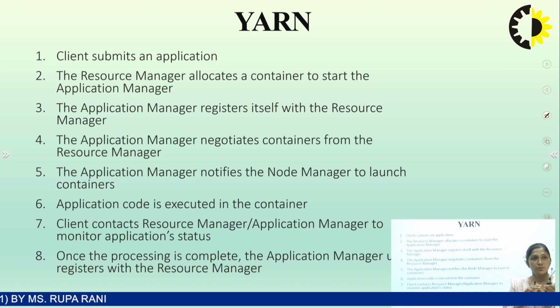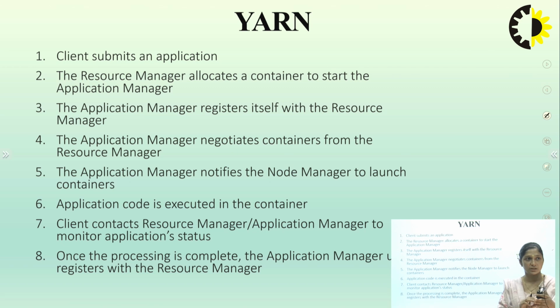Suppose if memory is not sufficient as per the requirement, in that case the app master will negotiate with the resource manager. Now, fifth point, the application master notifies the node manager to launch the container if memory is sufficient, and the application code is executed in that container.